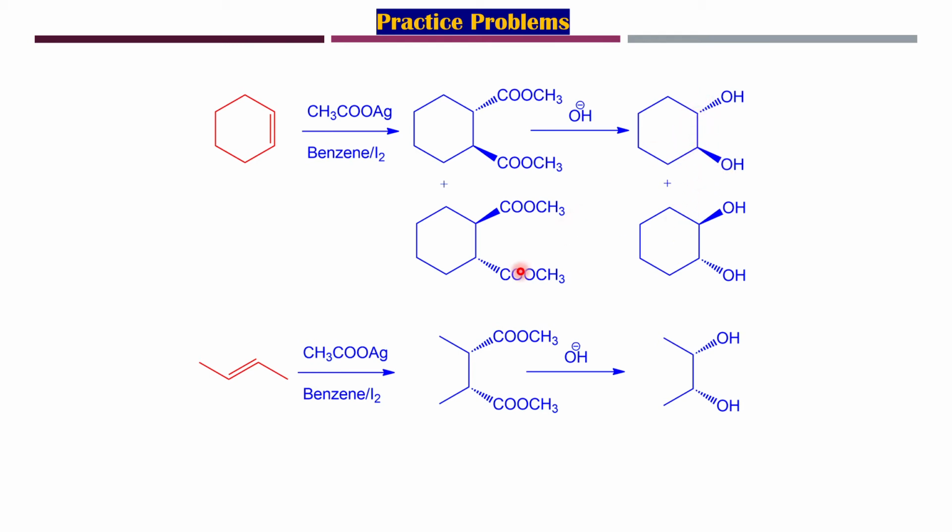Okay. Next, we are having trans-butene, and since the addition over here is going to be anti-addition, one can think of the formation of the 1,2 diol, which will be having the meso stereochemistry.